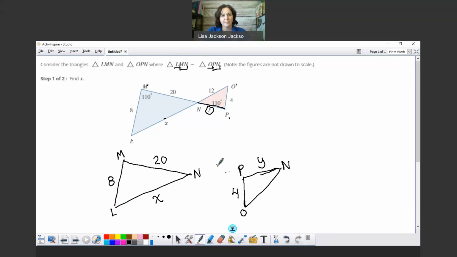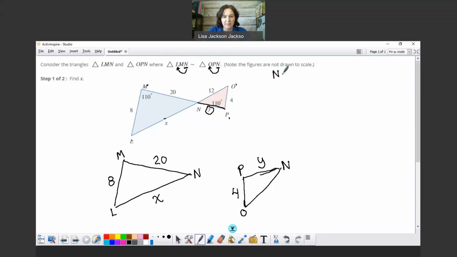One more. This one's a little harder to see, but the last letter in this name goes to the first letter in the name. So N to L is the same as the last letter to the first letter.